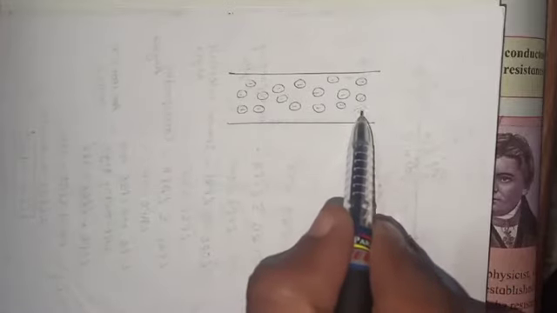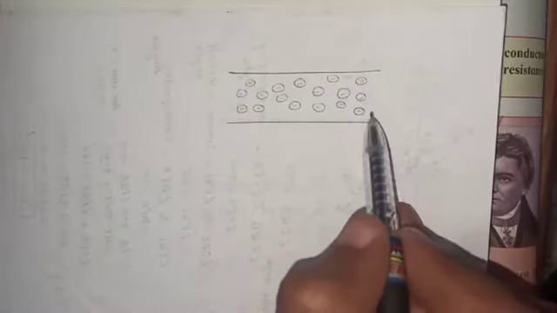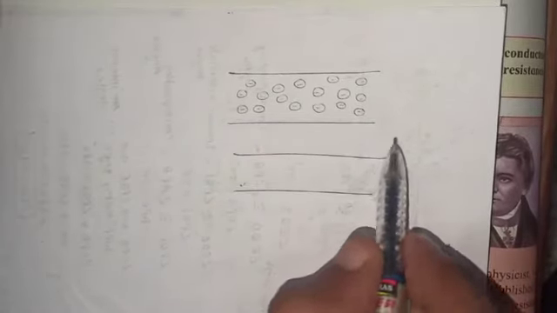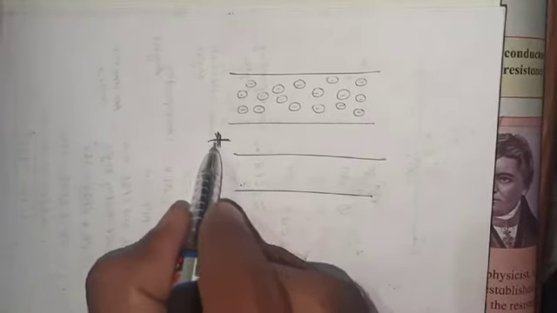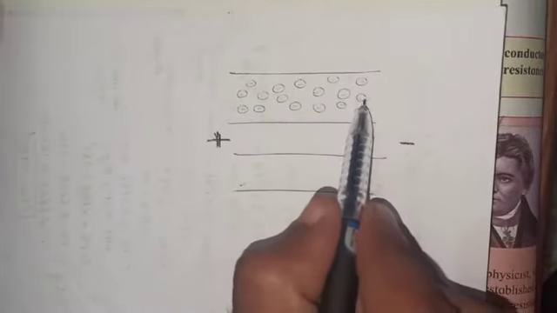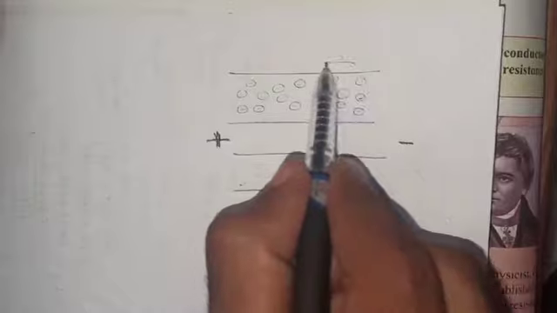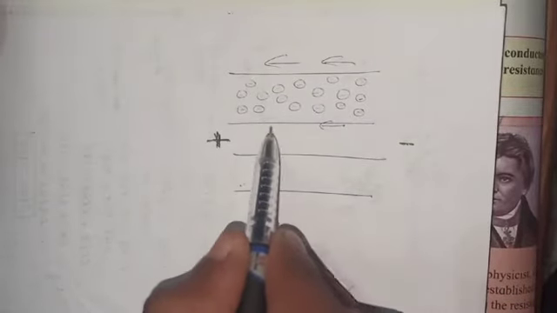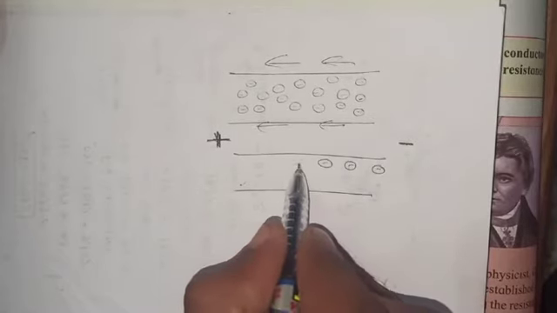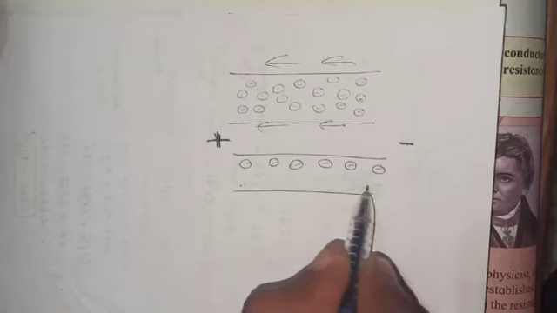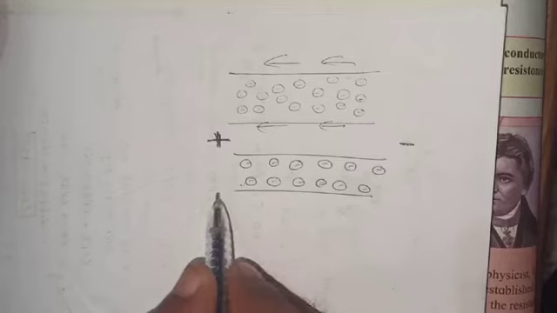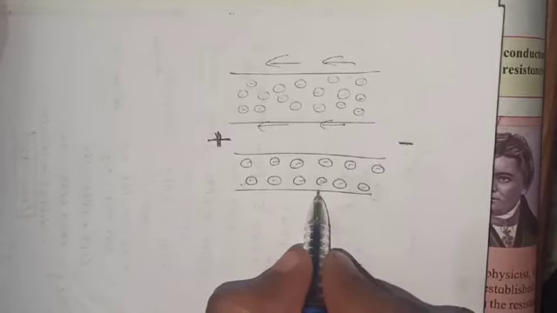Okay, if potential difference is applied, that is positive charge and negative charge, then the electrons start moving from negative to positive because they are negative charge. They all start moving in the same direction, so that is known as current. We will call it current.